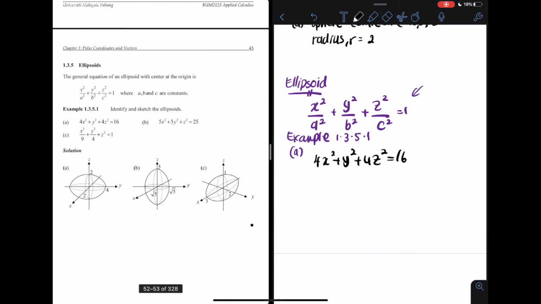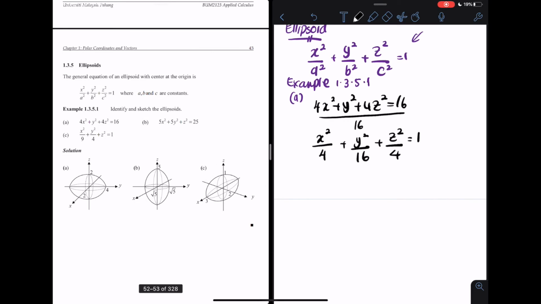To reduce 16 to 1, you divide the whole equation by 16, and you will end up with x squared over 4 plus y squared over 16 plus z squared over 4 equal to 1.